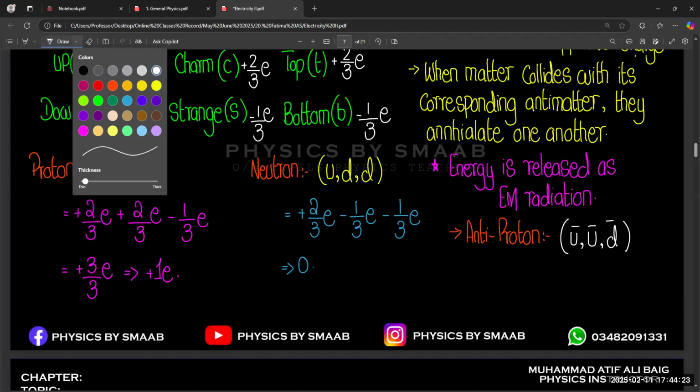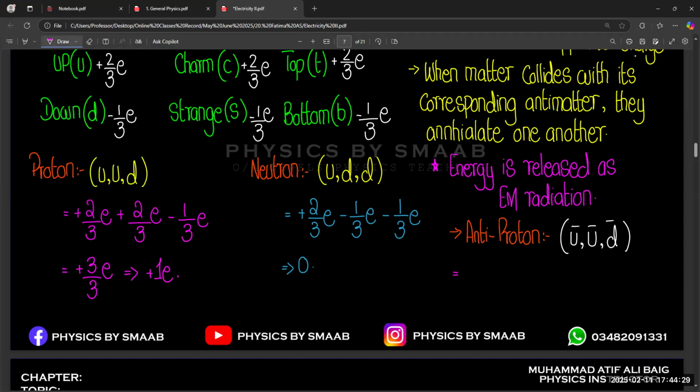So it will be equal to the negative value, -2/3e, -2/3e. And this anti-down will be opposite to the original down value, which is -1/3.